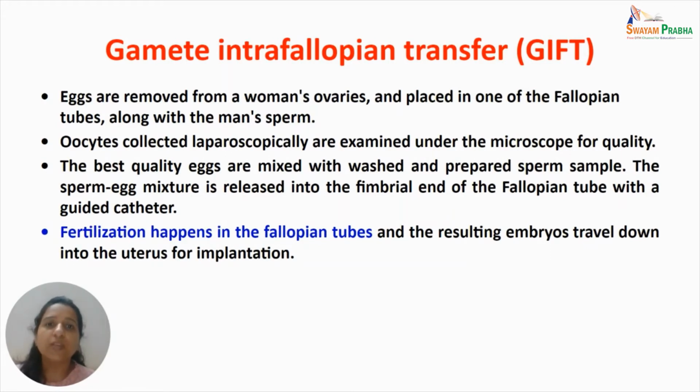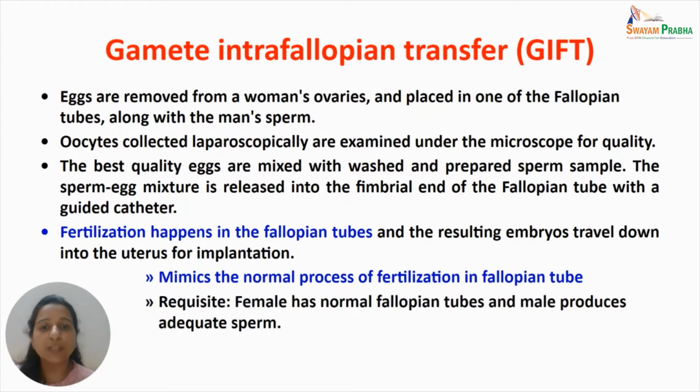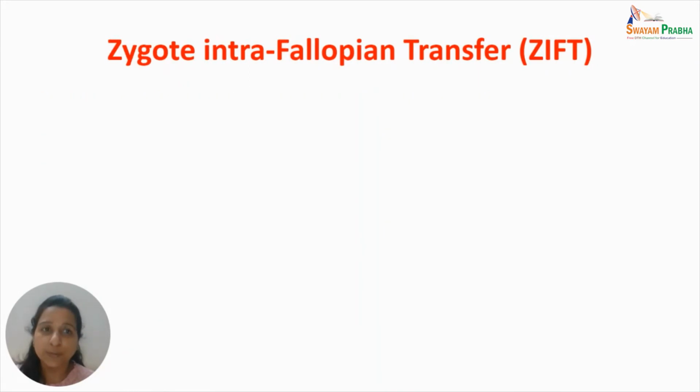So here there is only a change from the normal biological process that oocytes and sperms are collected from the male and the female respectively, but the fertilization occurs inside the fallopian tubes only. So it mimics the normal process of fertilization in fallopian tube. However, a prerequisite for this process is that the female has normal fallopian tubes where the fertilization has to take place and the male is able to produce adequate sperm.